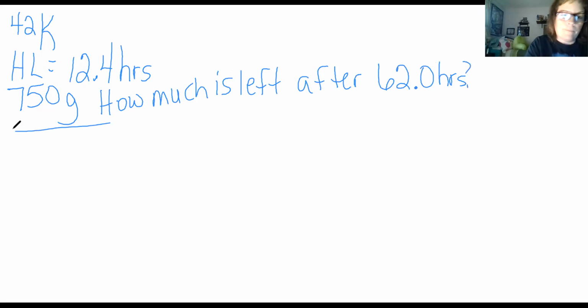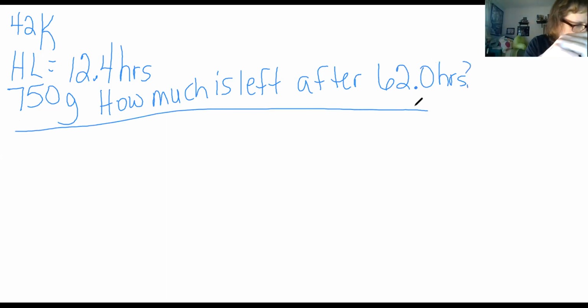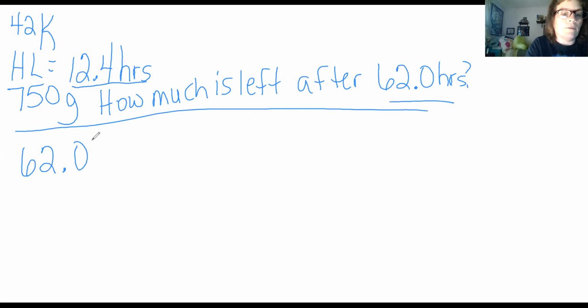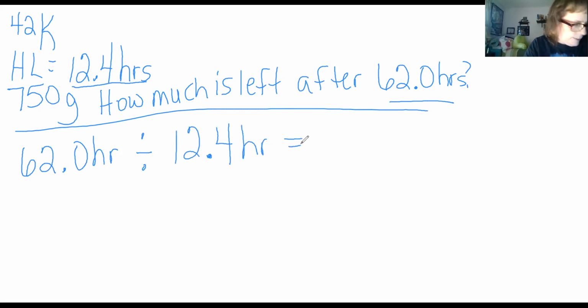All right. So let's see how many half-lives have passed. We said 62 hours have gone by. Or see how many half-lives are in our total amount of time that have passed. So we had 62 hours. We said the half-life is 12.4 hours. All right, put that into the calculator, and it's going to tell you 5 times. That's a total of 5 half-lives.